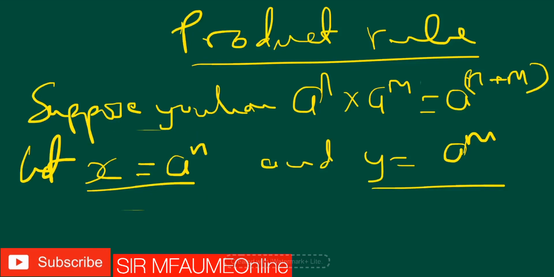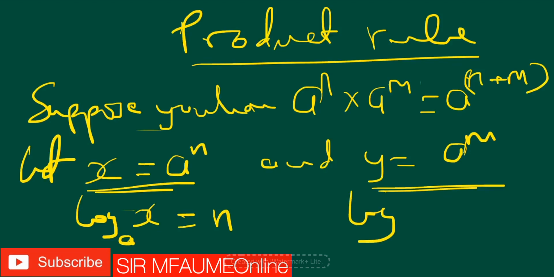This one will be like this: log x base a equals n when you convert it into logarithm. And also for this exponential, you can convert it into logarithm form. We'll find that log y base a equals m.